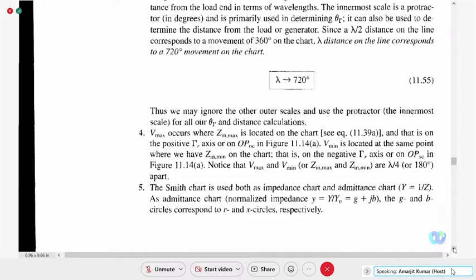So distance between maxima and minima is lambda by 4. And on the Smith chart, lambda by 4 corresponds to 180 degree, because lambda by 2 corresponds to full revolution. So 180 degree means lambda by 4 on the line.